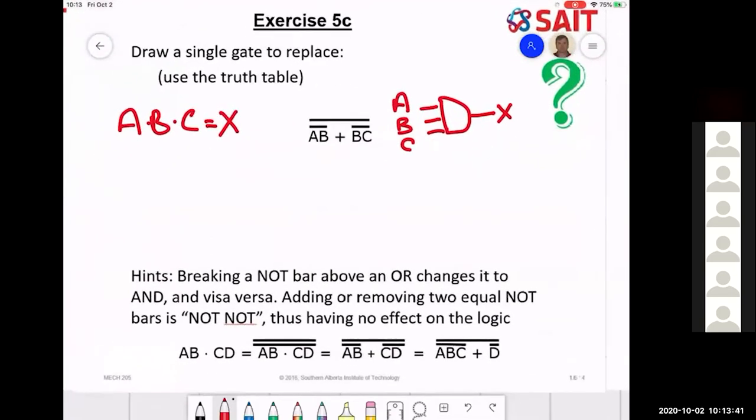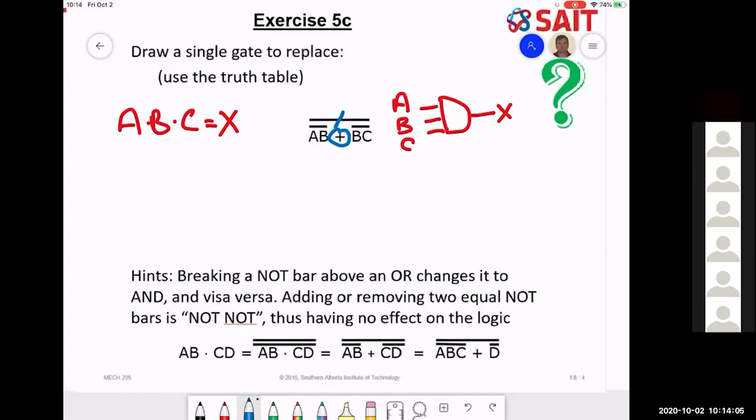We want to simplify. If I break a NOT bar, say this one, I break it into 2 NOT bars. The symbol under it changes from an OR to an AND, or an AND to an OR. Okay. This is just a shortcut.